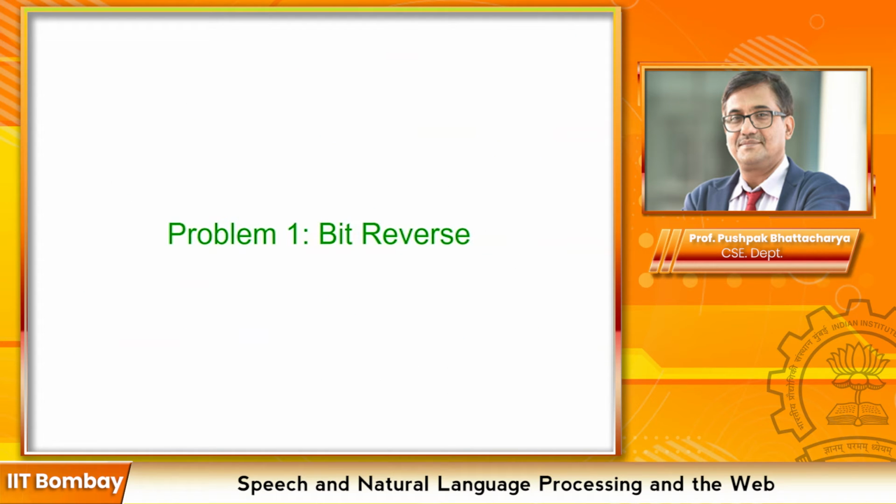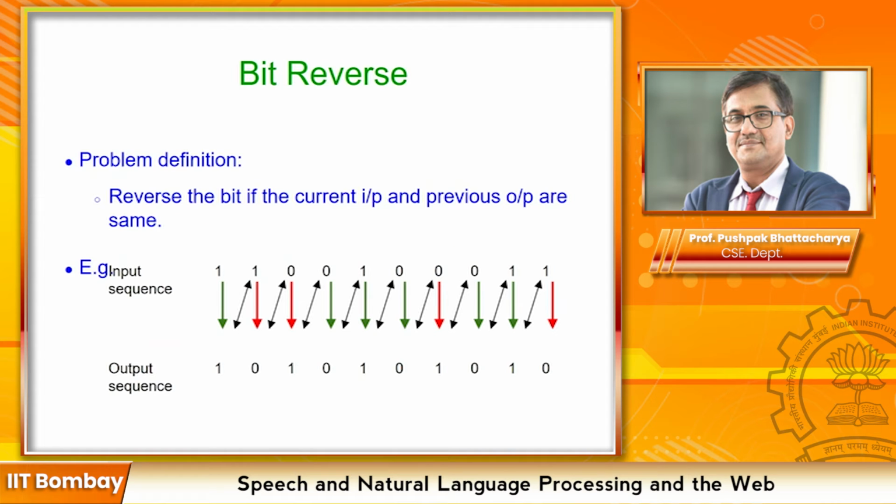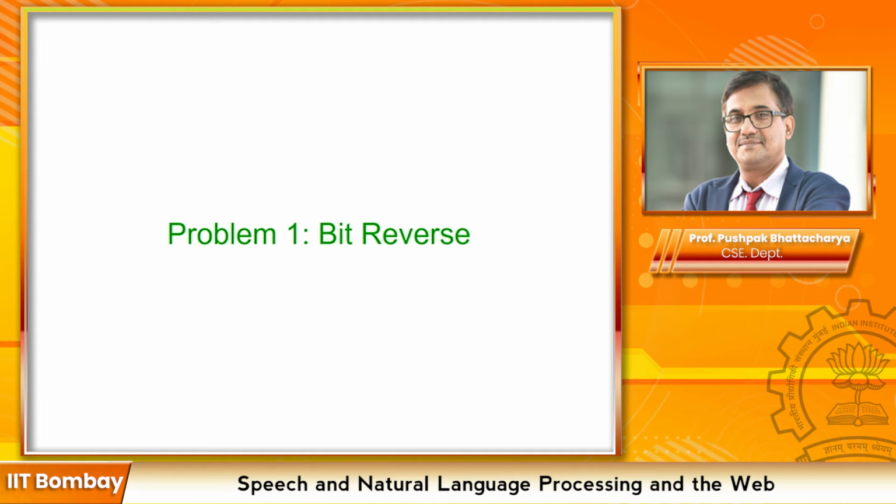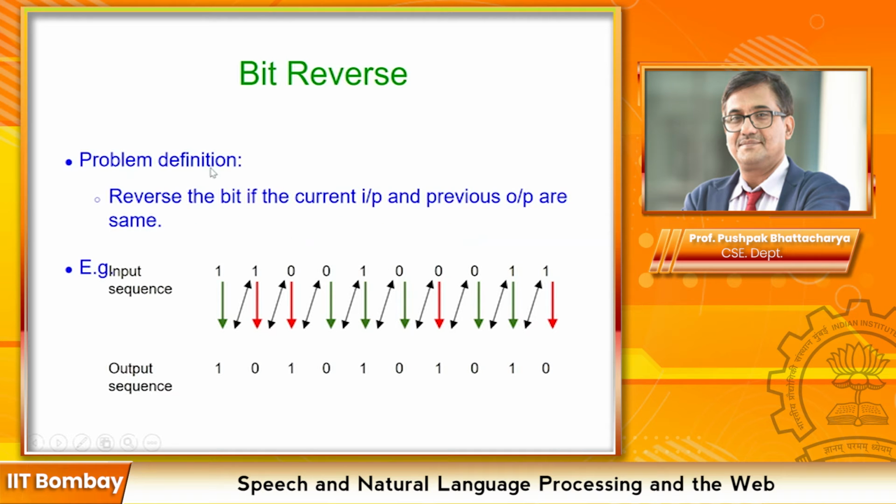Now there is a bit reversal problem which is also very interesting for RNN. The problem definition is: reverse the bit if the current input and the previous output are the same.